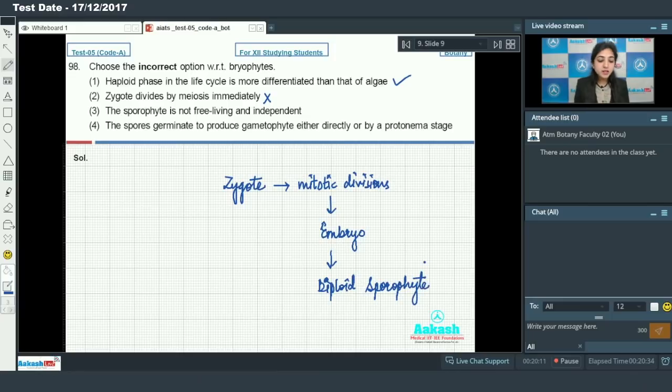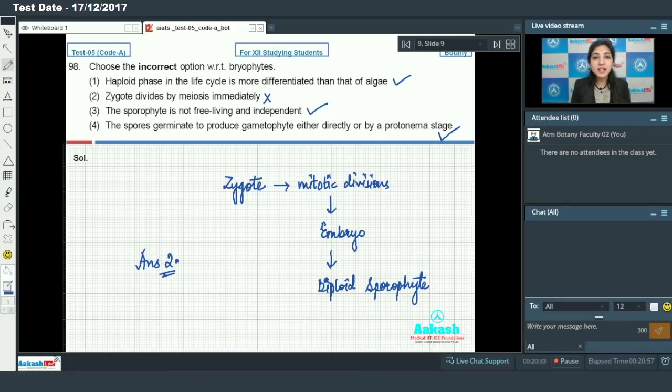So this is incorrect. Third, the sporophyte of bryophytes is not free living and independent. This is true. The spores germinate to produce gametophyte either directly or by a protonema stage. This is also true. So option number 2 is the incorrect option for bryophytes.